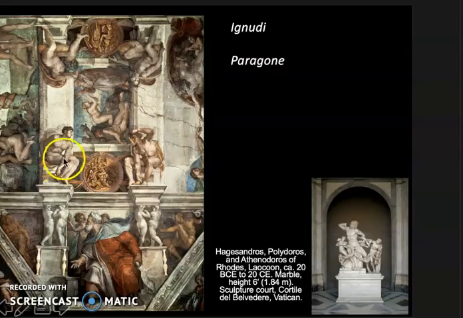And if you look across the ceiling, you see it everywhere in the painted sculptures, and then in these very enigmatic, fascinating figures, these nudes. They're called ignudi, which simply means nude, because they seem to have no clear purpose.